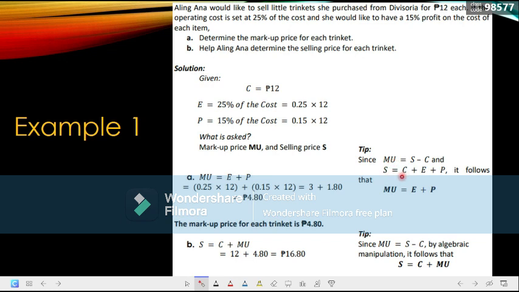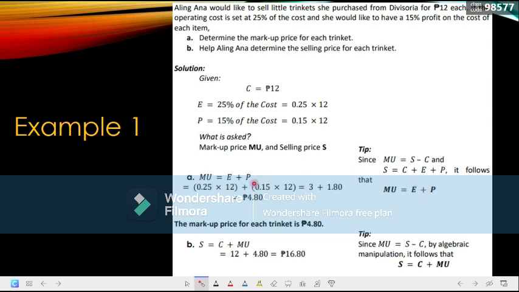Therefore, what remains here would be E plus P. So S minus C is equal to E plus P, and since S minus C is equal to markup, therefore, markup is equal to E plus P.